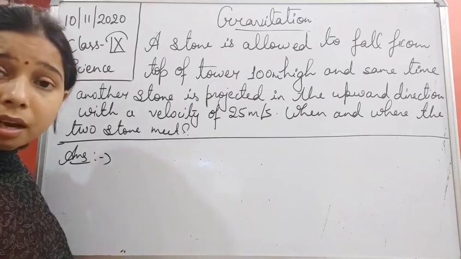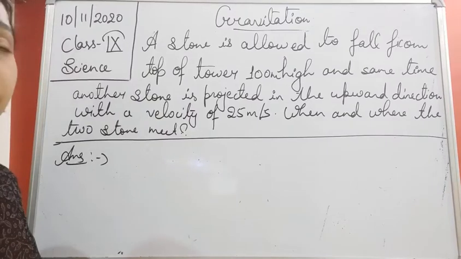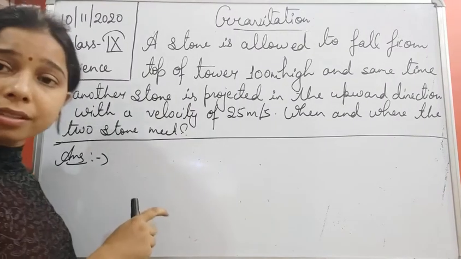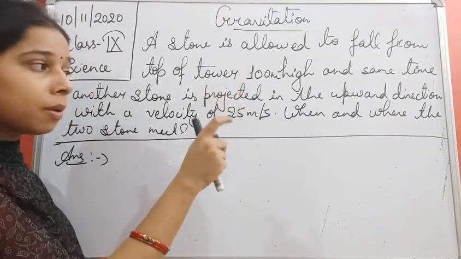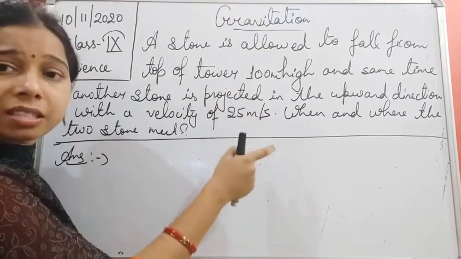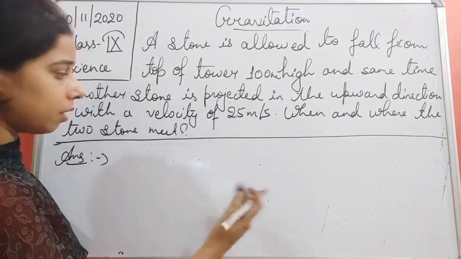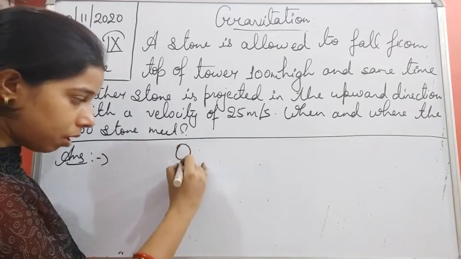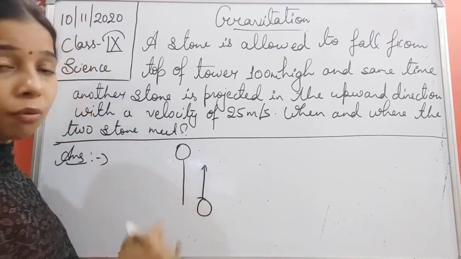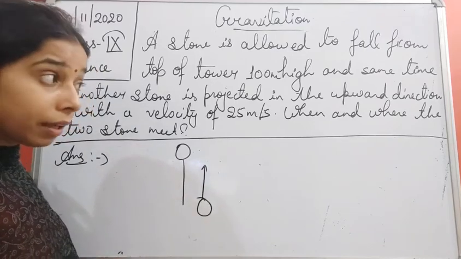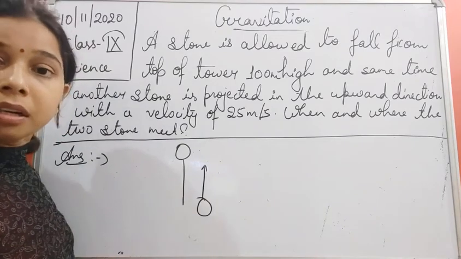At the same time, another stone is projected in the upward direction with a velocity of 25 meter per second. So when and where do they meet? When means we have to find the time, and where means we have to find the distance.